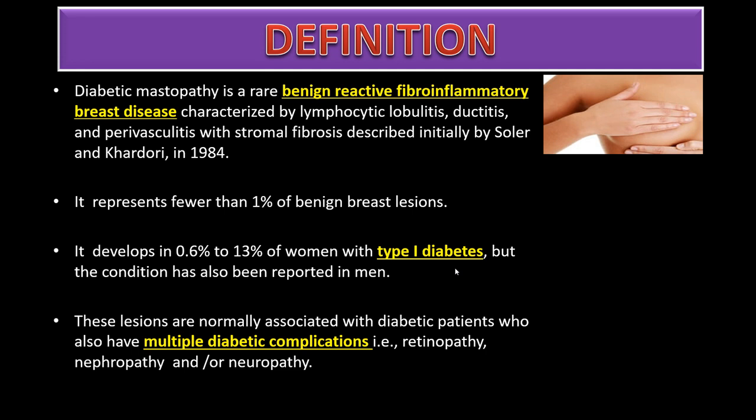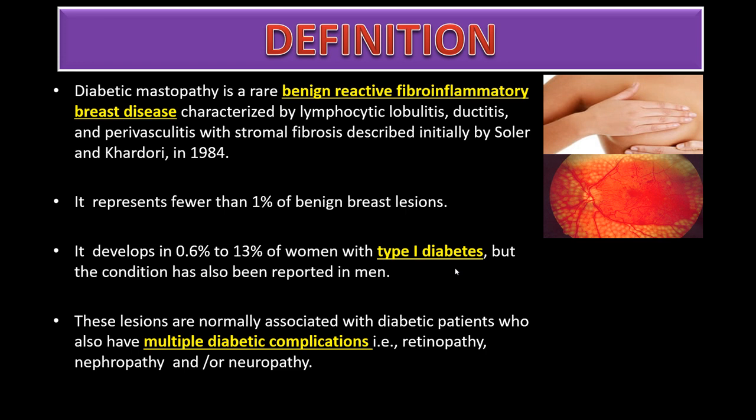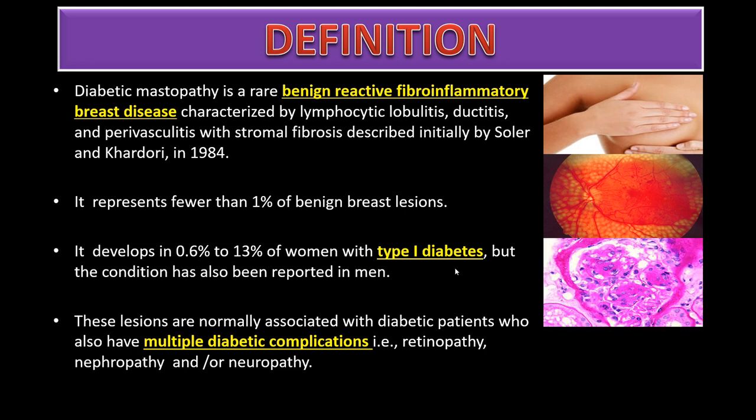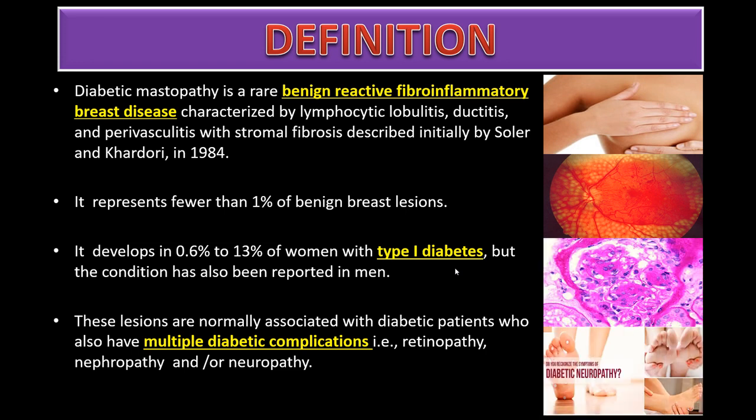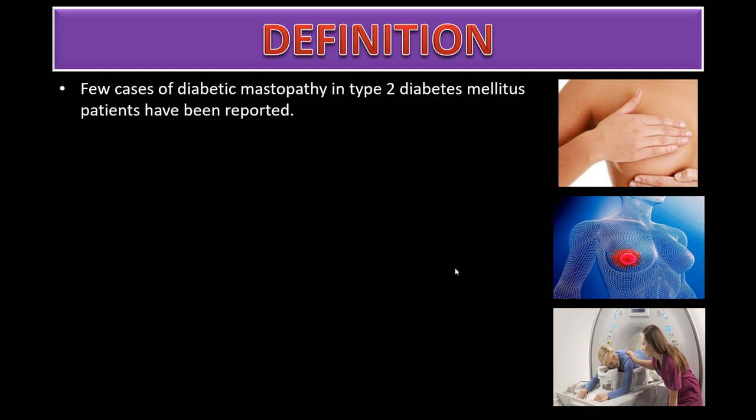The lesion is normally associated with diabetic patients who also have multiple diabetic complications, such as diabetic retinopathy, diabetic nephropathy, and diabetic neuropathy. Few cases of diabetic mastopathy in type 2 diabetes mellitus patients have been reported.